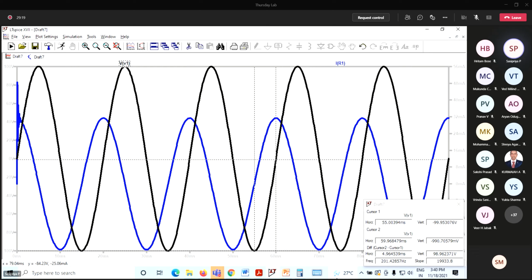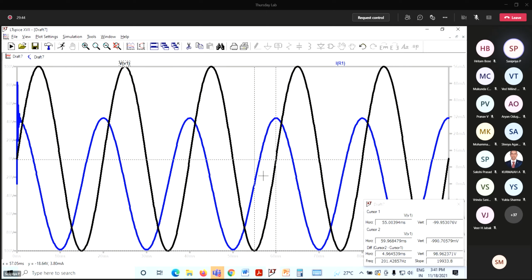From this observation, your blue color waveform crosses 0 before the black color waveform crosses 0, so it is leading. Current leads the voltage. So I should write the phase angle value in degrees, and I have to write leading.